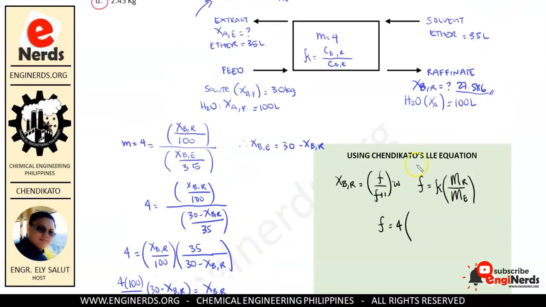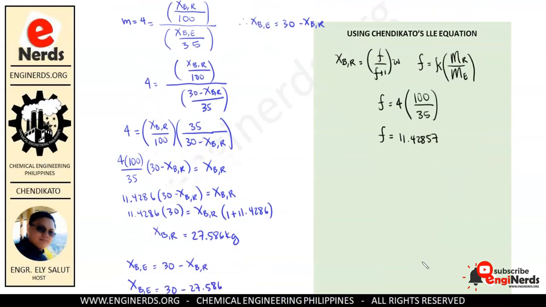Ito yun. 100. Over the amount of our extract solvent, which is this one, 35. Okay? So, solving for F, we will have 4 times 100 divided by 35. This is equal to 11.42857. Okay? So, may value na tayo ng F. Substitute na natin siya dito sa ating equation.